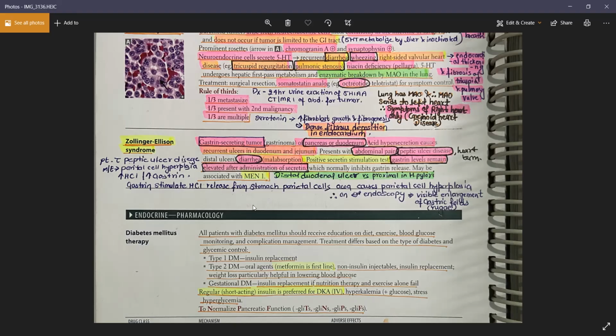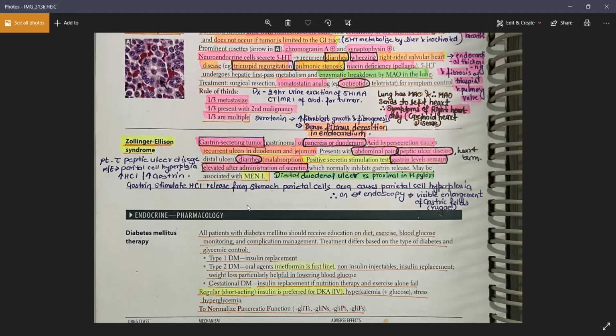Very important: gastrin also stimulates your GI mucosa and causes proliferation of the parietal cells. So whenever you do an endoscopy of the stomach, you can see increased gastric folds, or gastric rugae, and the thickening of the gastric wall will also be increased.